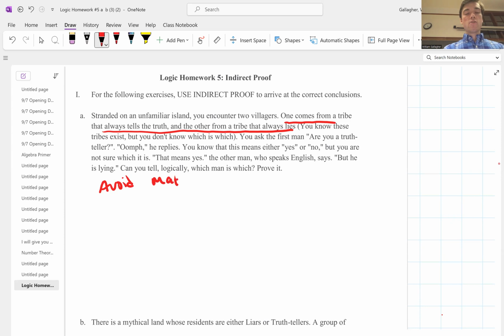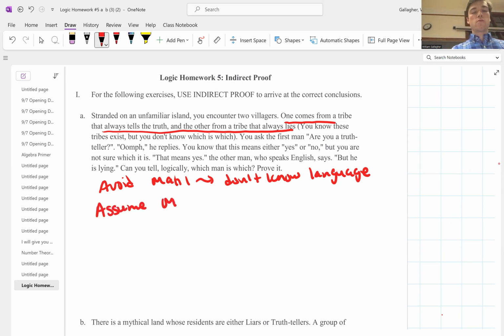You don't know his language, right? We don't know his language. So let's assume something about man two. Again, for the sake of the first one, I don't want to think about it too much. So I'm just going to assume kind of blindly that man two is telling the truth. Okay.